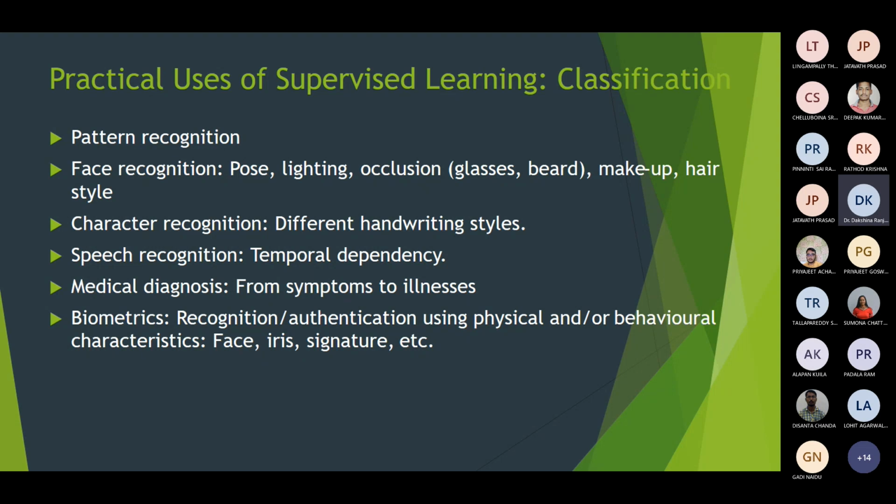So when we design a supervised classification algorithm for face recognition, we have to consider these challenges, and considering them, we can design an adaptive supervised learning classification algorithm for face recognition. The next example is character recognition.